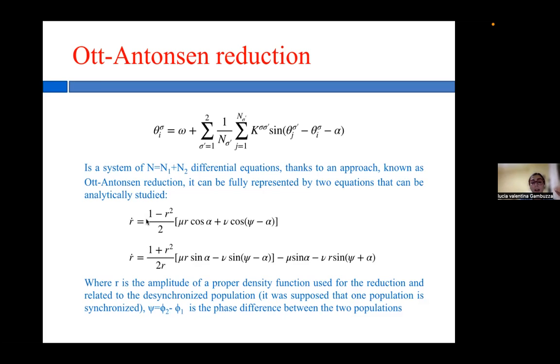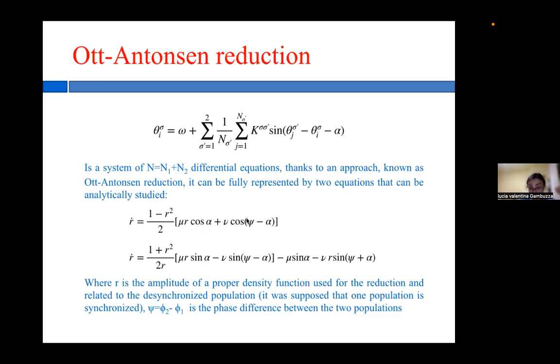These two equations depend on the amplitude R and on the tunable parameter alpha, which can be fixed at the beginning, and also strictly depend on the choice of the two coupling strengths between and among the units in the population, mu.